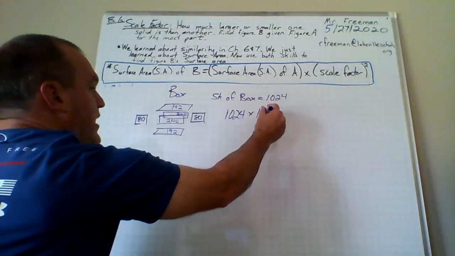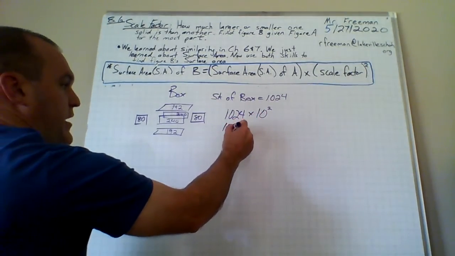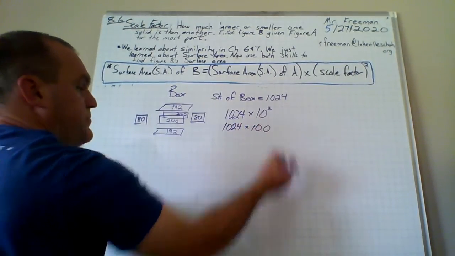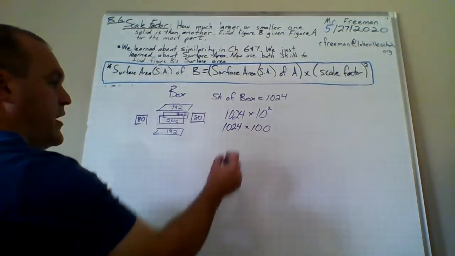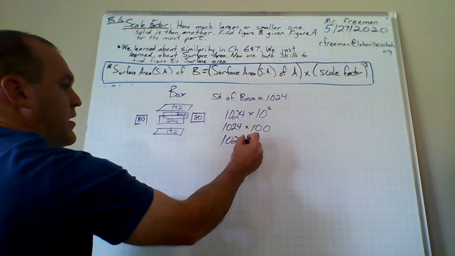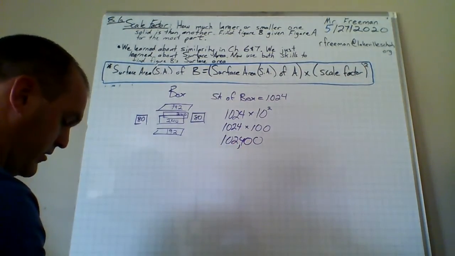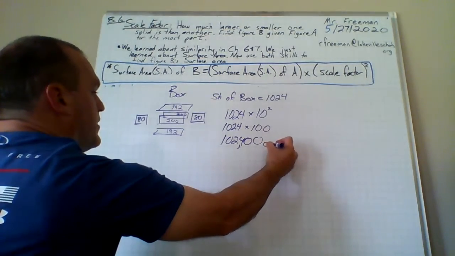That means we've got to do 10 squared though, which that means that's 1,024 times 100. Okay, and that means we're going to get that 1,024 and tack 2 more zeros onto it so that we get 102,400, and that's centimeters squared.